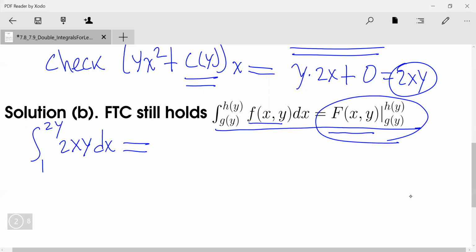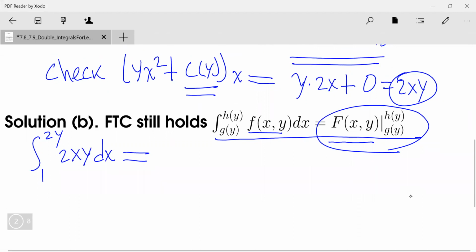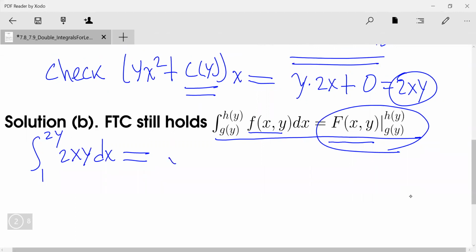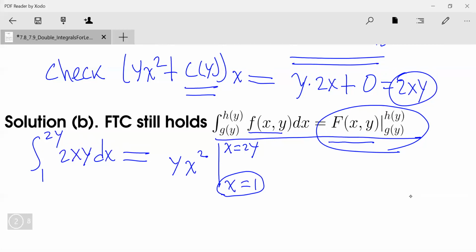So in this case, we already found an antiderivative, which is y x squared, and we evaluate at x equal to 2y and x equal to 1. We write x equal to 1 just to make it clear that those limits 1 and 2y are for x.